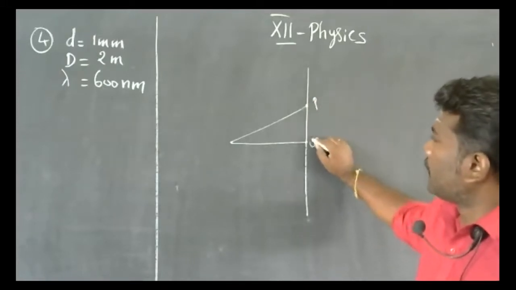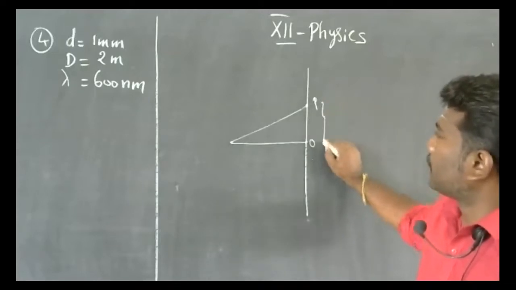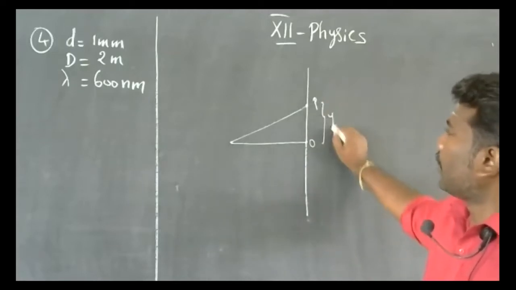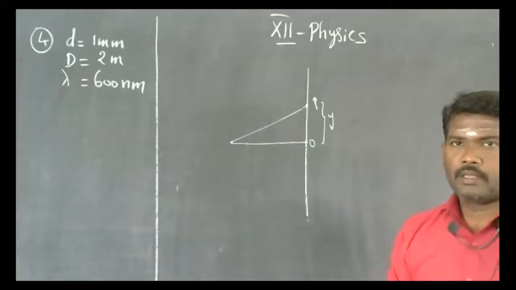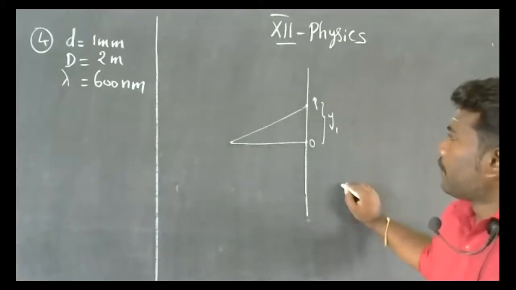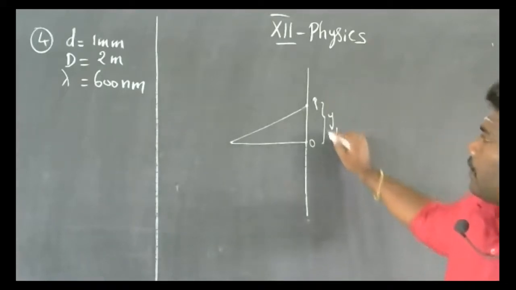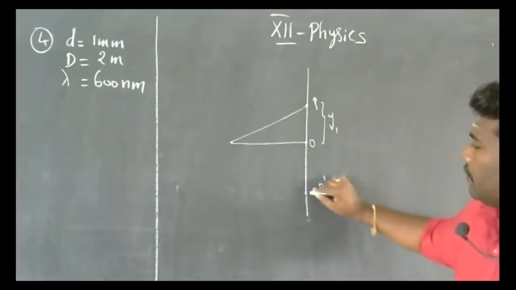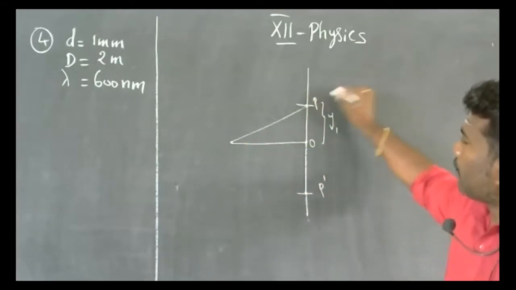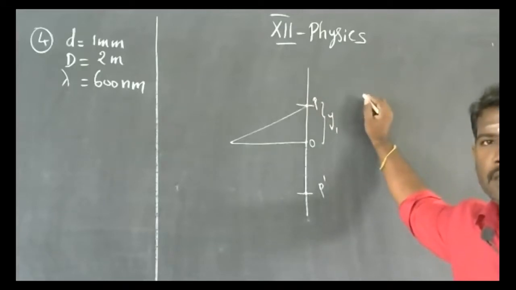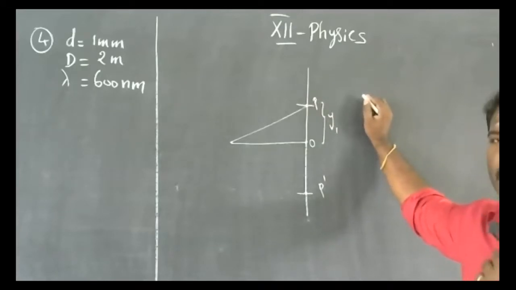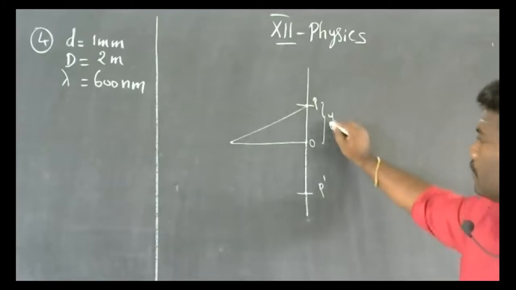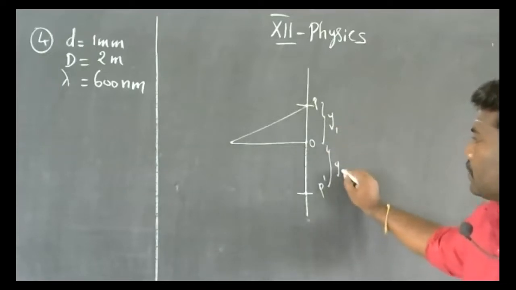The distance between the central maximum and the first dark fringe, I am going to take as y or y1. In this question, we are going to calculate the distance between the point B dash and B, that is, the distance between the first dark fringes on both sides of the central bright band. So if this is y1, this one is y2.